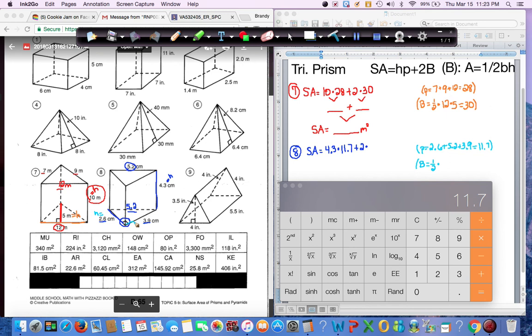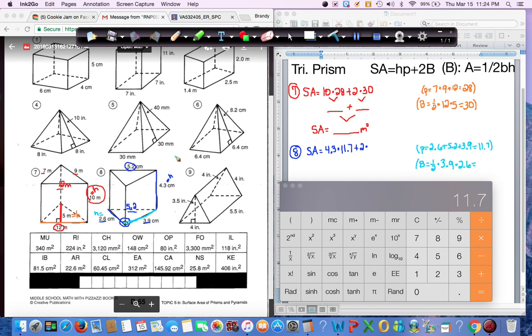This is our base. Okay? Remember Pythagorean theorem, you have two sides in the hypotenuse. This is our base. And then this is our height. So we're going to say times 3.9 times 2.6. I'm going to use my calculator for this as well.